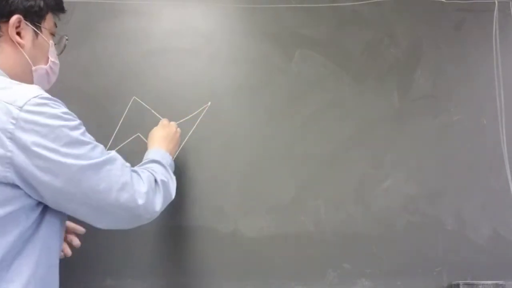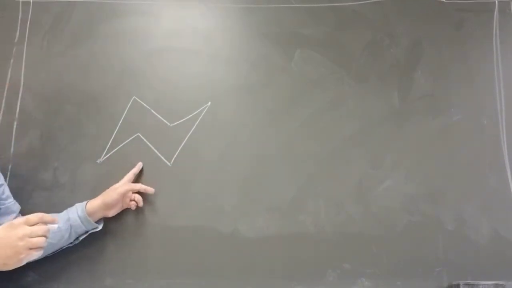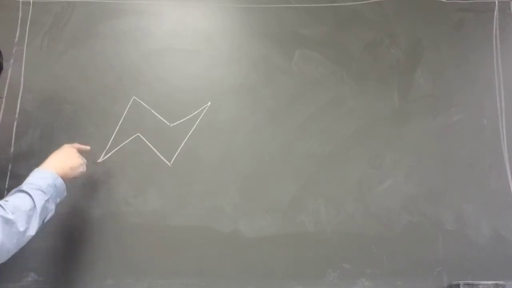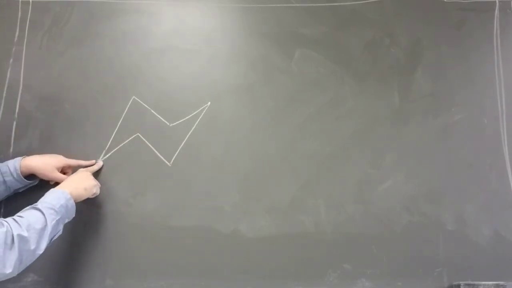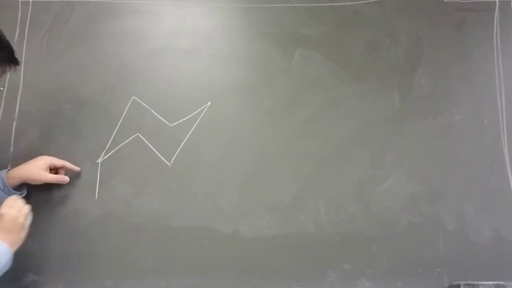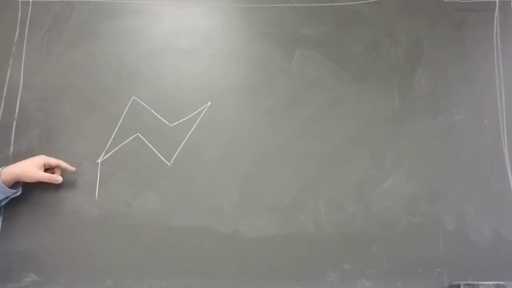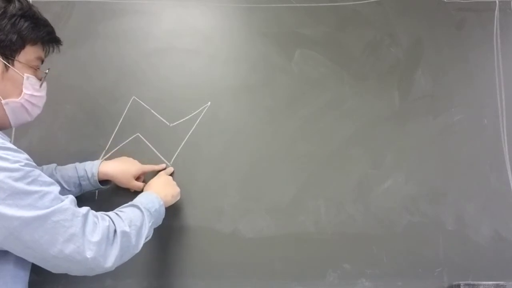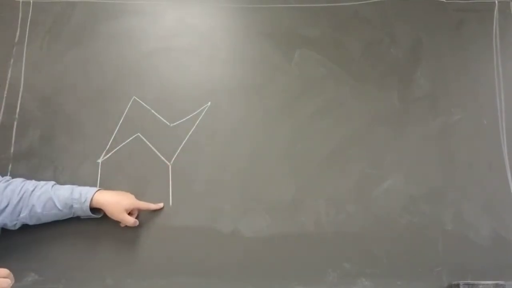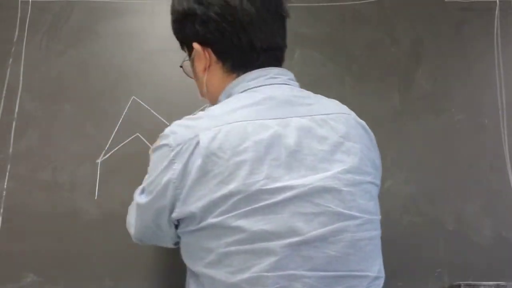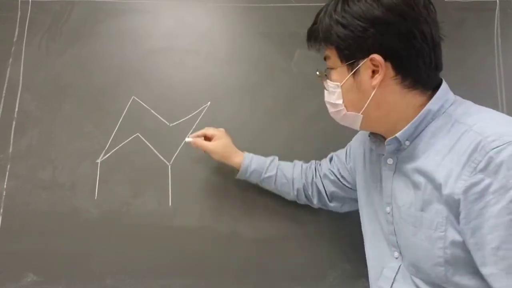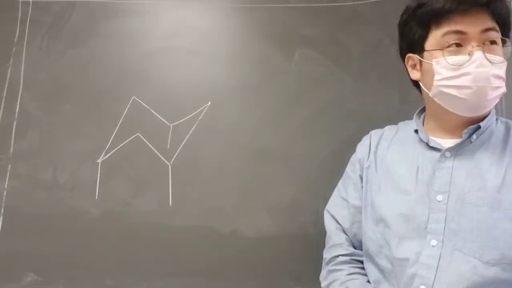Whenever you see a point pointing down, you draw the line going downward. This point is going down, and this point here is also going down.